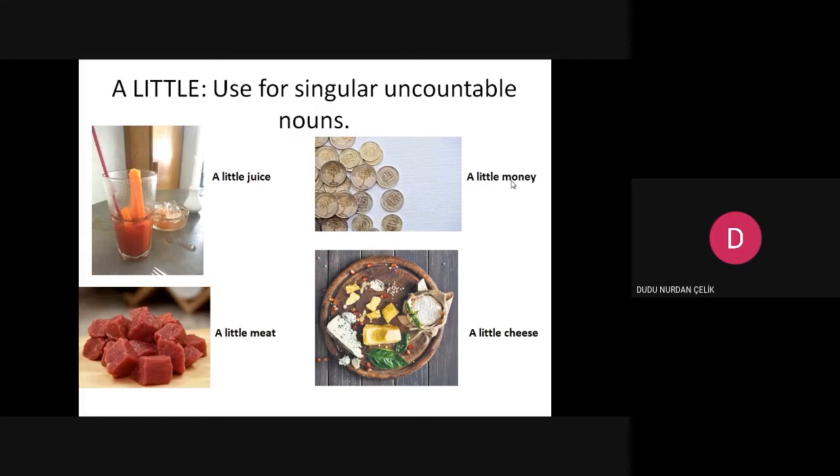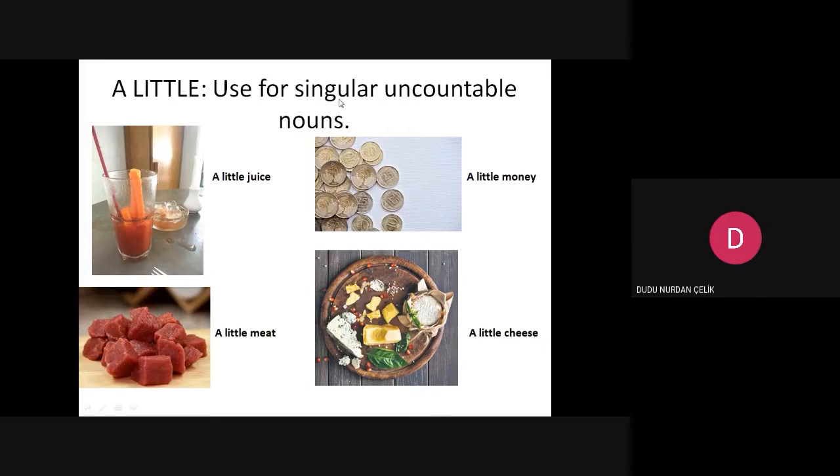Okay? So, the word money as a noun is uncountable. So we use it singular with a little. Cheese is also uncountable, and we say a little cheese in singular way.